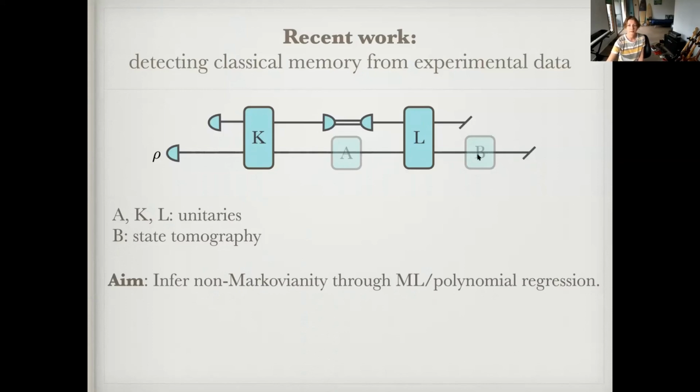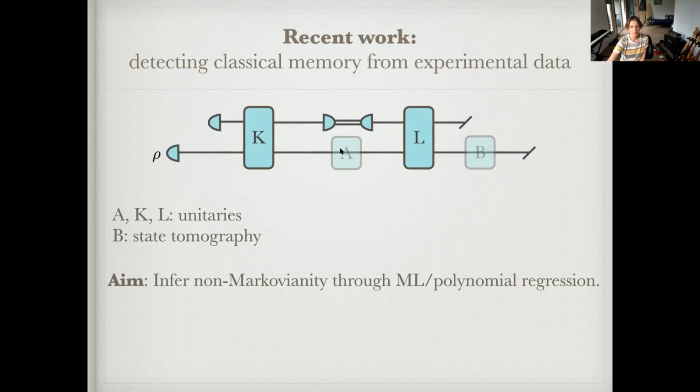And here is some state tomography. So the process is this, and we have an environment that correlates K and L, because this is a classical correlation. So basically, we didn't obviously do that. We just simulated, we just correlated K and L artificially. We just made them correlated with some degree of correlation.